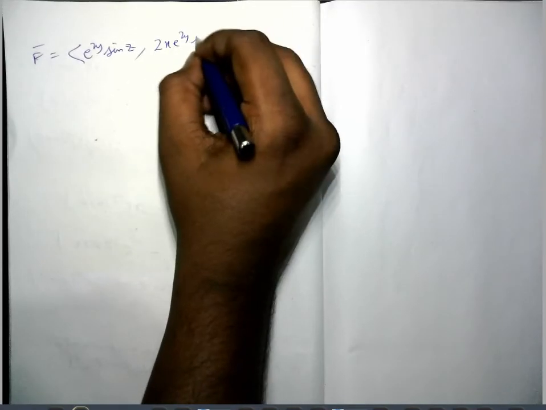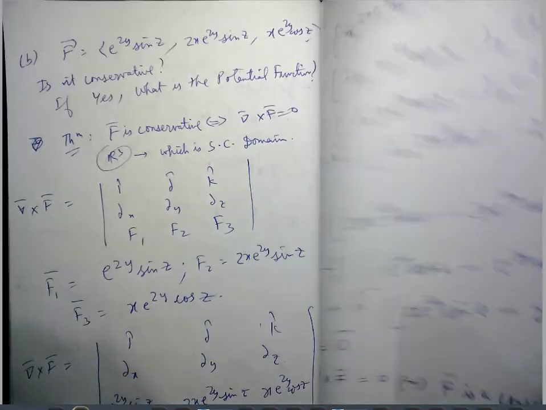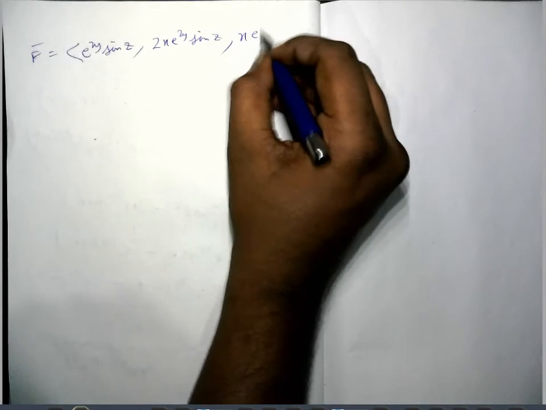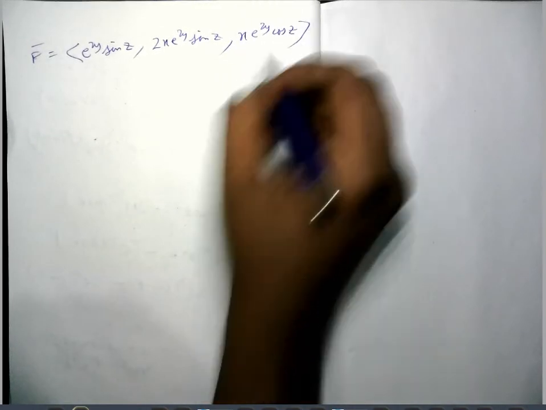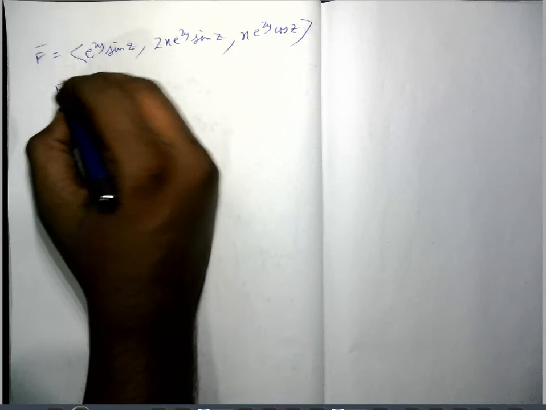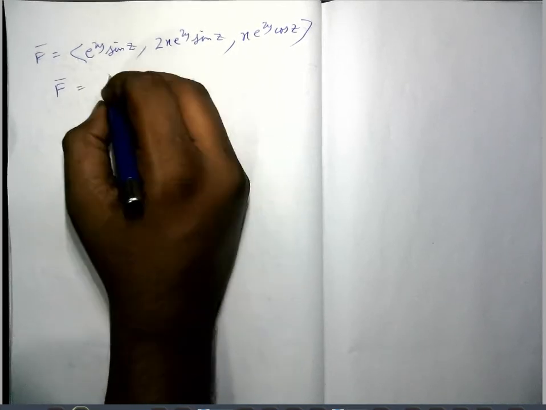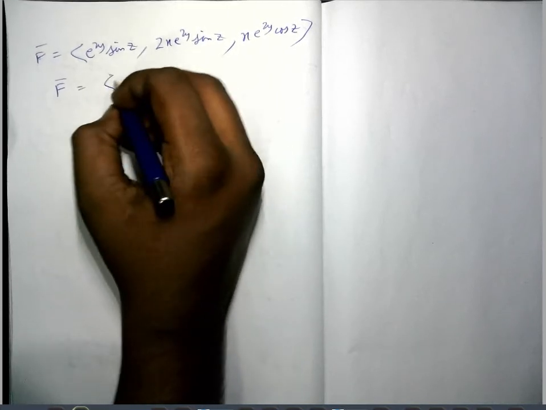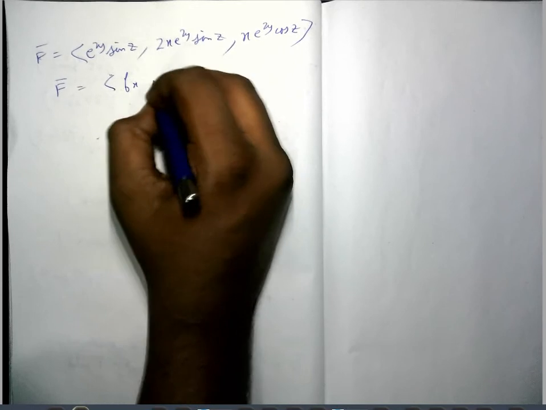And so, we know that f is a conservative vector field, so it will be equal to the gradient of some function f. So we want to find out what this function is.